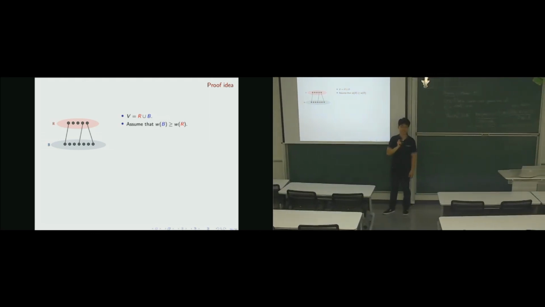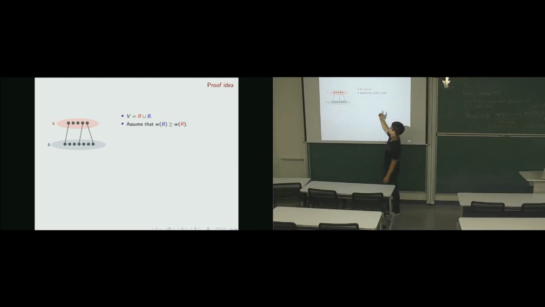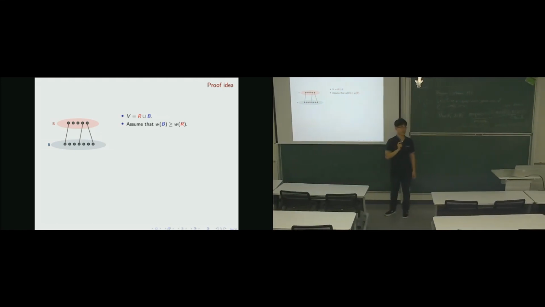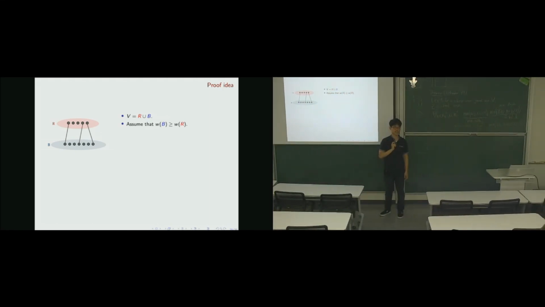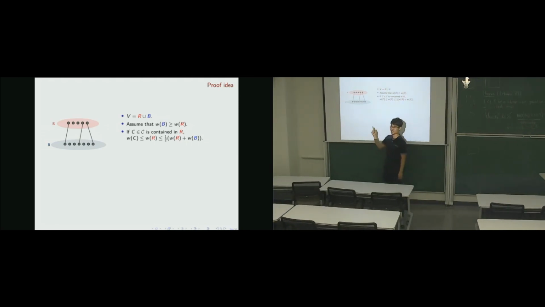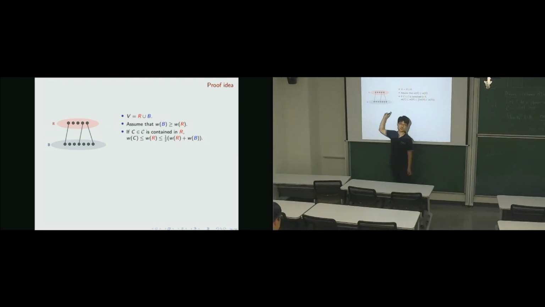Let's just assume that the weight of B is at least the weight of R. I want to say that B is a cover, which means that if I exhibit a member, it must intersect this set B.